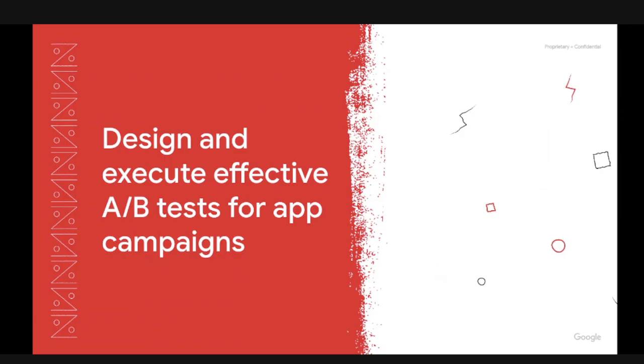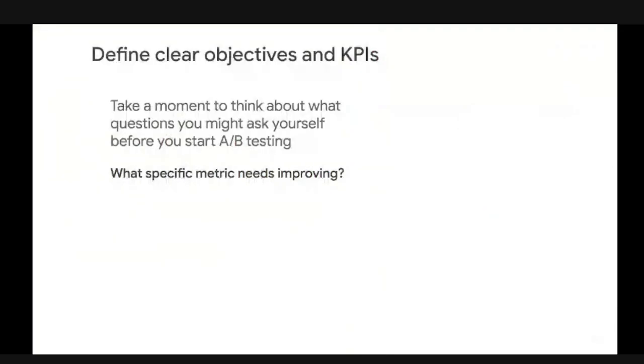So now let's move to the next part of this session. It's all about designing and executing an effective A/B testing for an app campaign. Again, this is all about testing. So you should not deploy any campaign without running different tests.